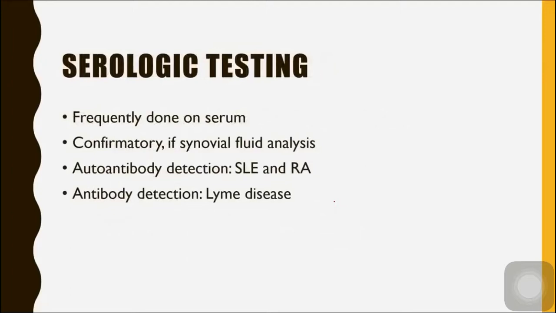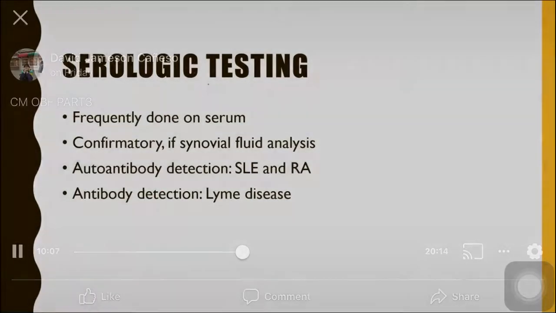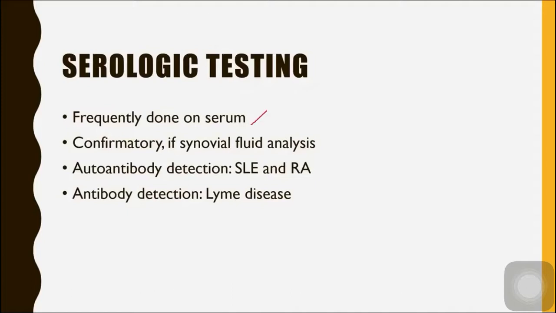Next, serologic testing. Serologic testing is frequently done on serum, not on the synovial fluid. If you are performing serologic testing on synovial fluid, the usual tests are autoantibody or antibody tests. Nowadays it is no longer done because antibody detection is made on serum.